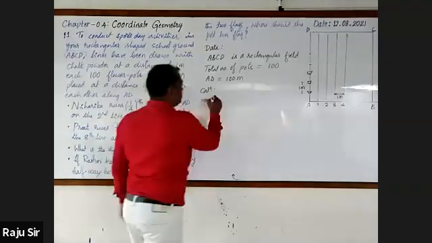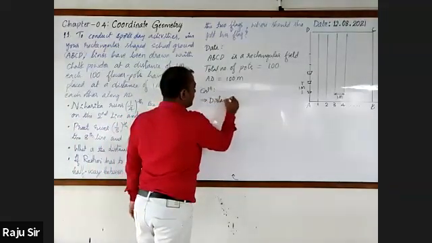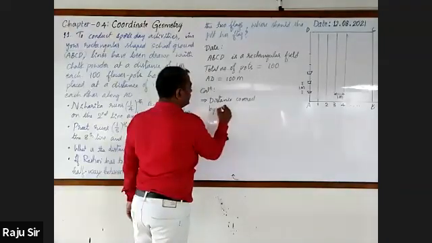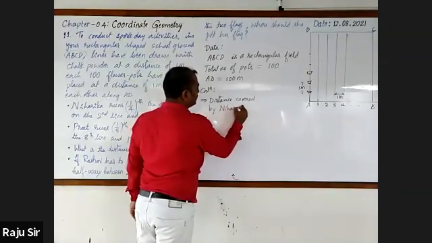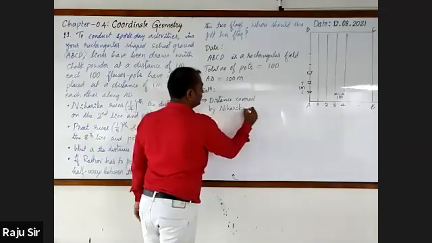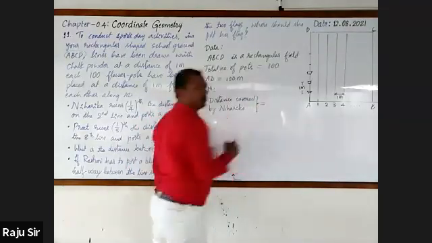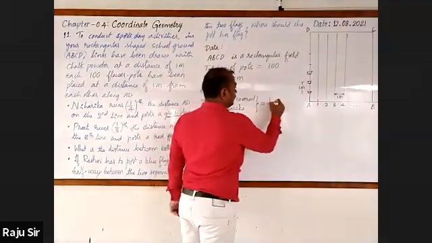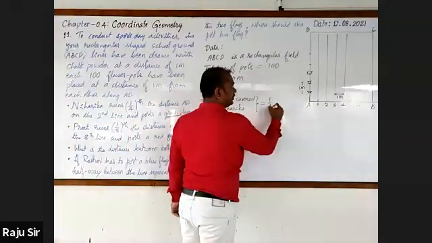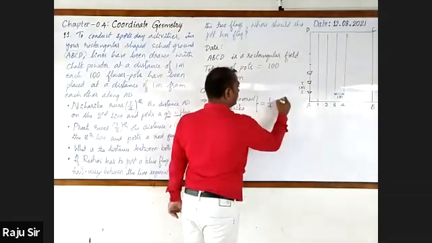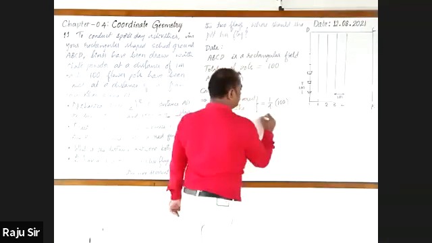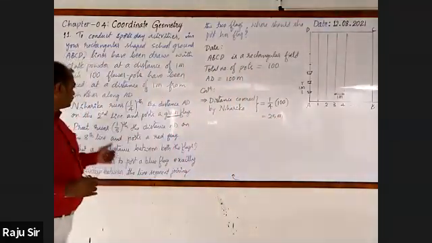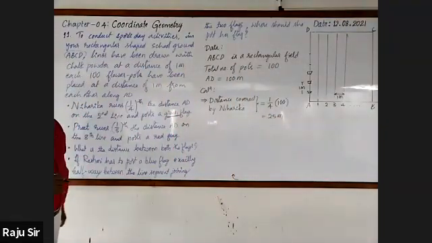The distance covered by Niharika is 1/4 of AD. It is 1/4 of 100 meters, which is equal to 25 meters. On which line has she moved? The second line.